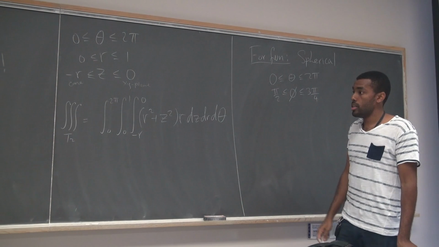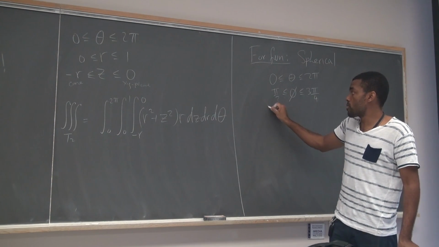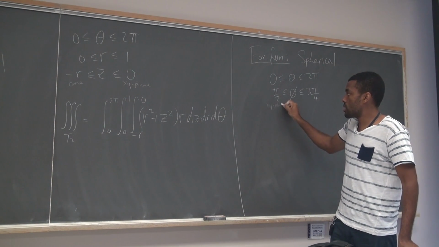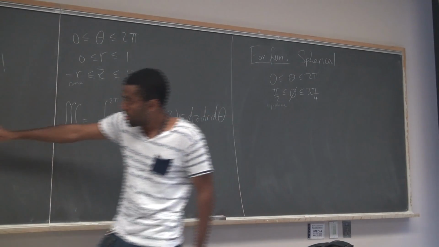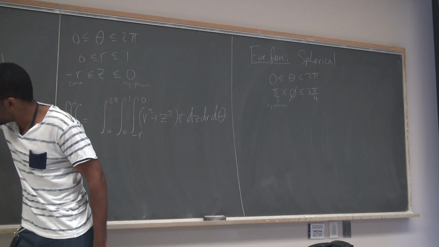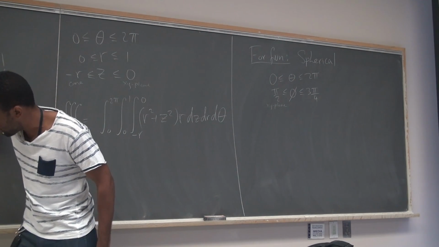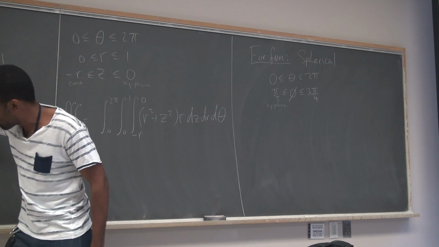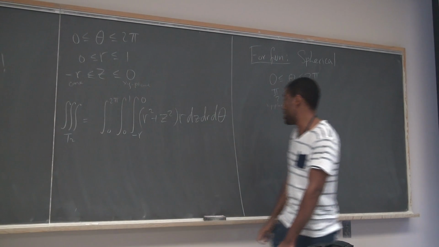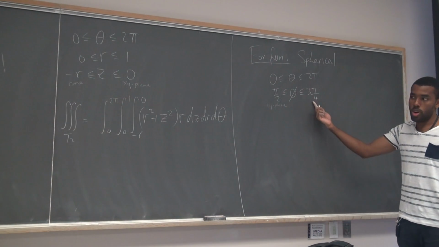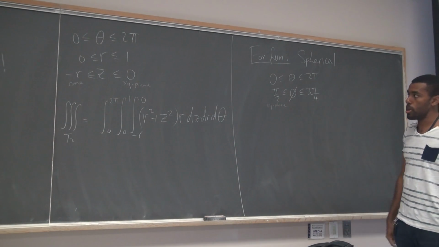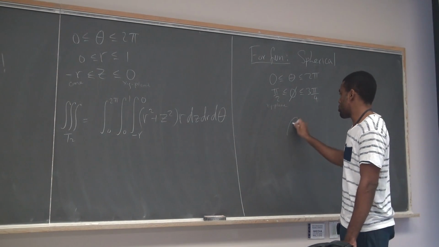Do you see why? Because it's going from the xy plane, that's where it starts measuring. Remember, 0 is at the z axis. By the time it hits the xy plane, it's already at pi over 2. But that's your start, right? So it starts at pi over 2 and it continues to go down until it hits the cone, which we already discovered last time was 3 pi over 4. Okay? What about the rho?